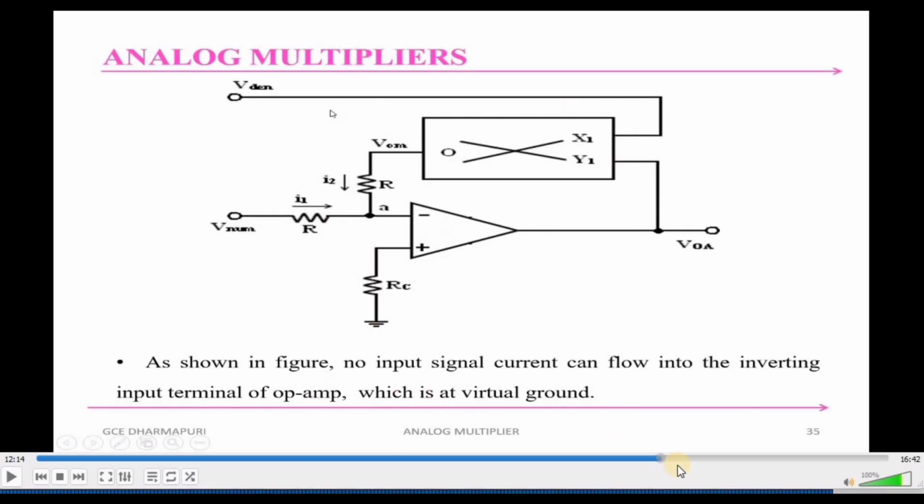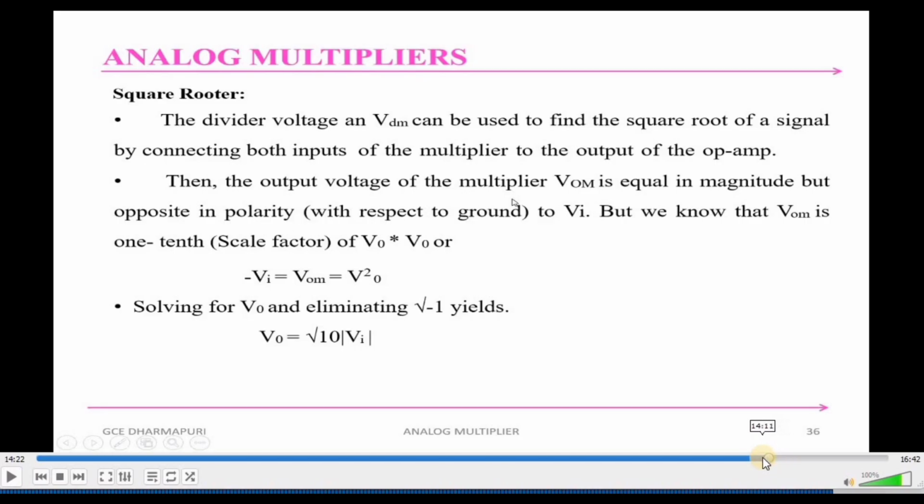So here you can see the output. With the help of this one, I can also construct a circuit called a square rooter.